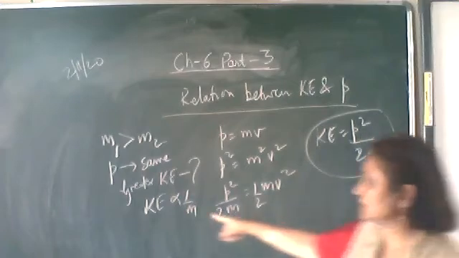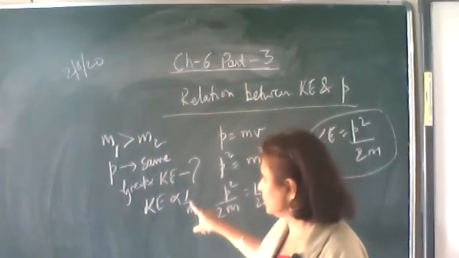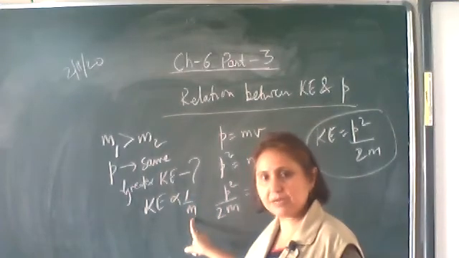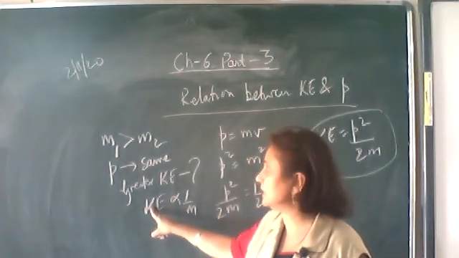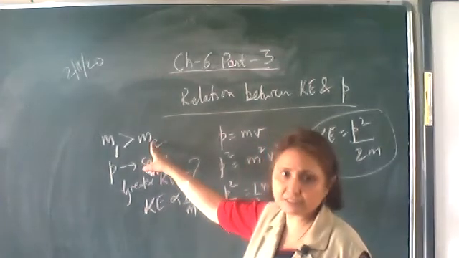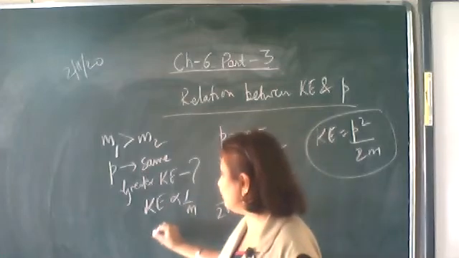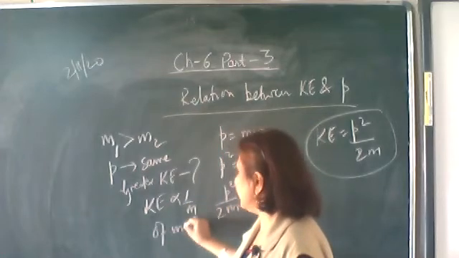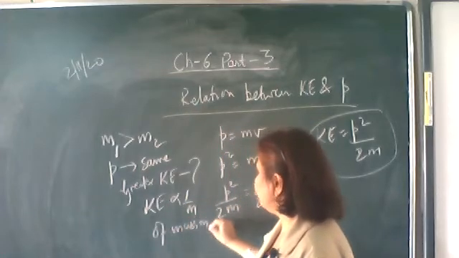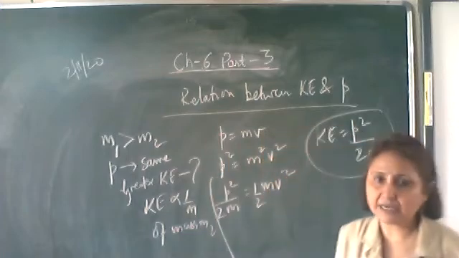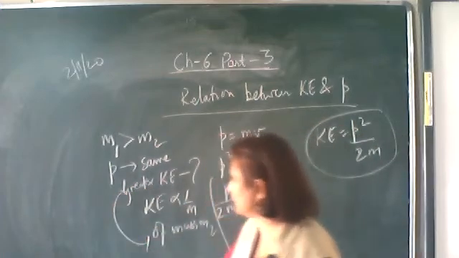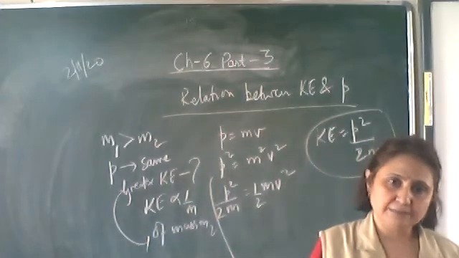So the one which is having less mass will have a greater kinetic energy. Which is having less mass? m2. So the greater kinetic energy will be of mass m2.